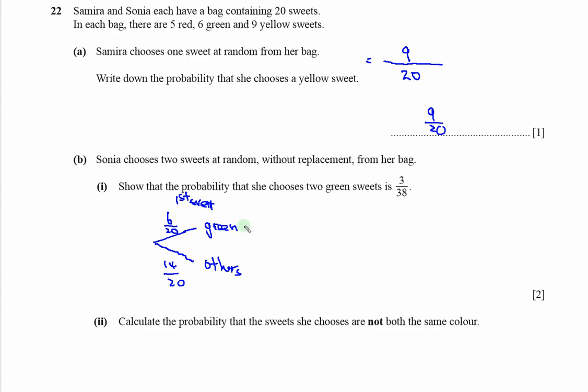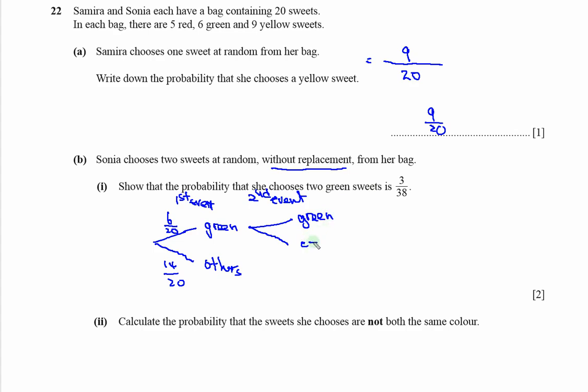Now let's look at the second sweet. Remember, this is without replacement. That means the probability will change during the second sweet. So this is the second sweet now. Second event means second sweet. Again, this green. Why green? Because 2 green.